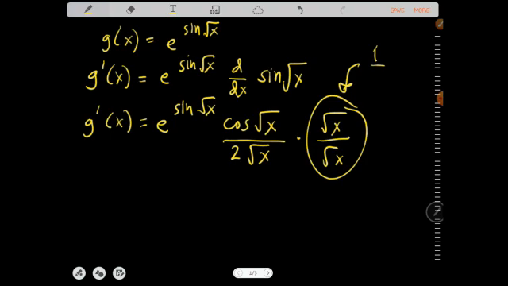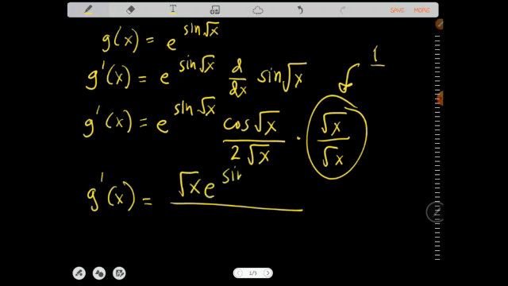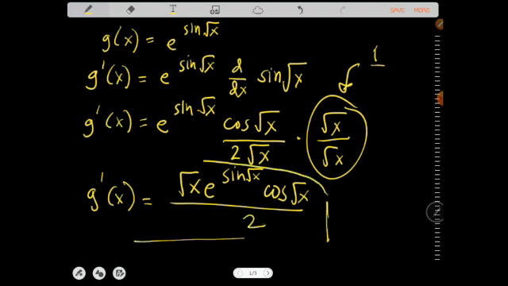So, simply, what happens is that it is equals to square root of x e raised to sine of square root of x cosine of square root of x over 2. So, this is what is in your module. This is our derivative of that.